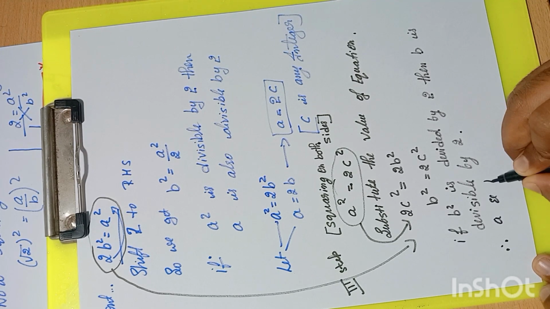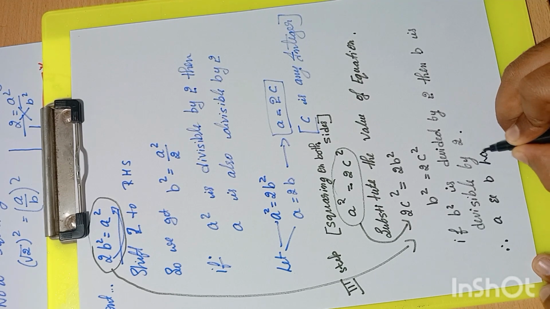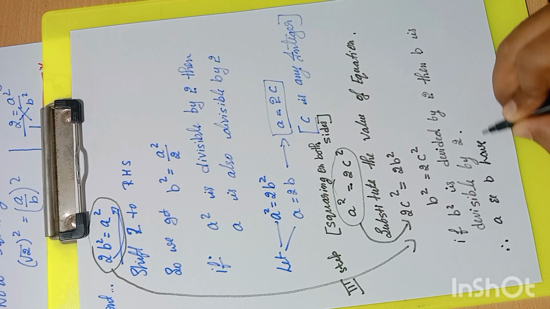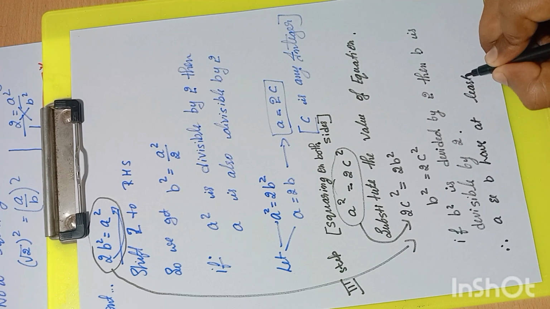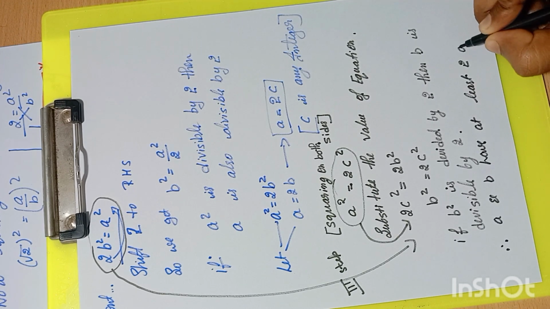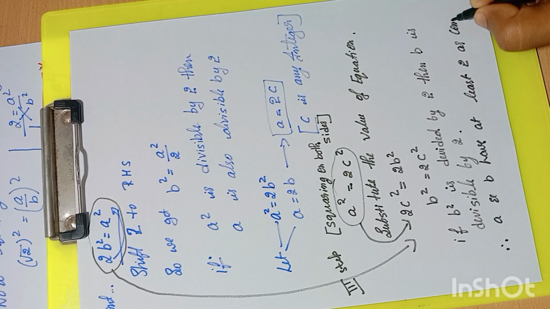Here see the two equations, 2c square is equal to 2b square. So at the final we will tell that b square is divisible by 2, then b is divisible by 2.